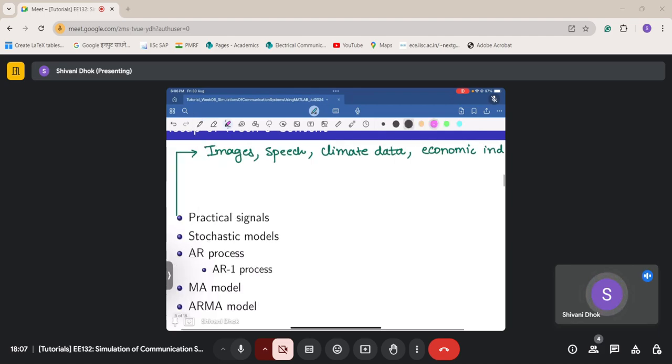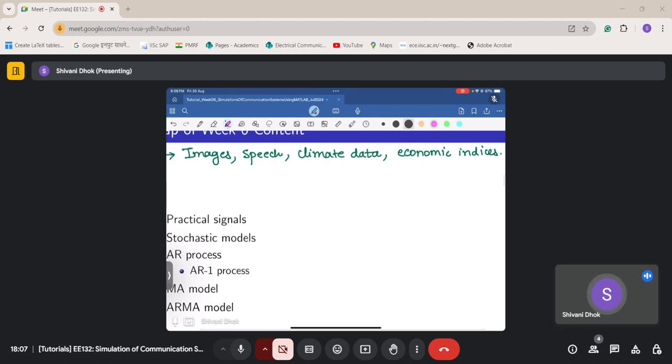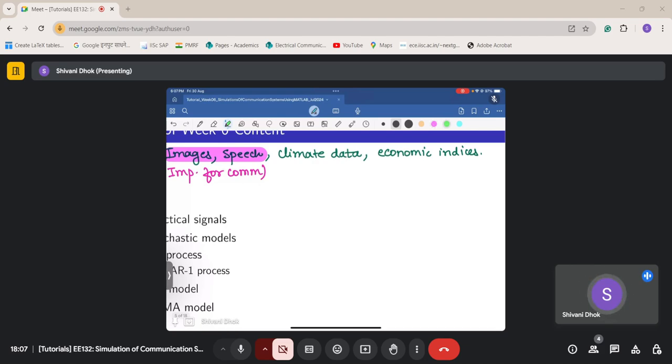So we said that all of these four are of importance to us. However, if we look at images and speech, these are important for communication. The remaining ones, like climate data and economic indices, are basically practical data.